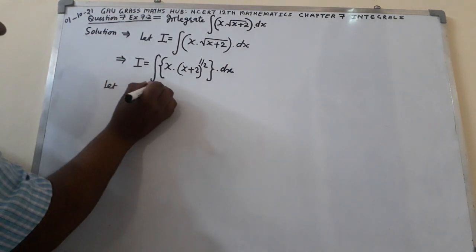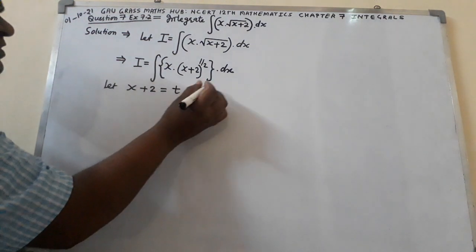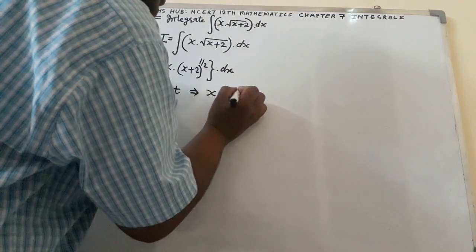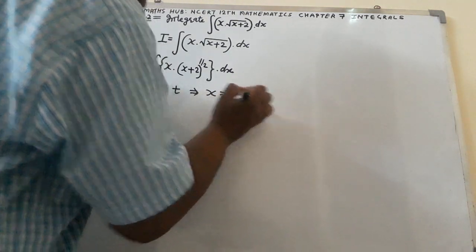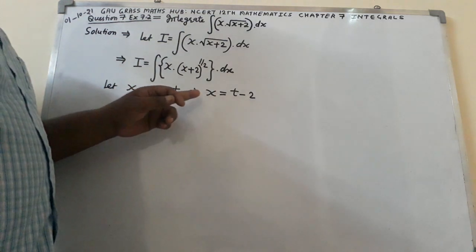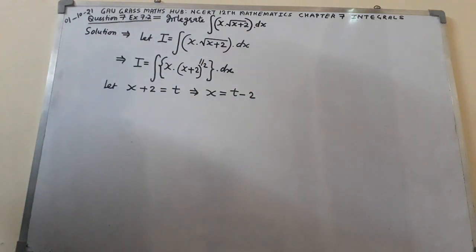Let x plus 2 equal to t, implied that x equal to t minus 2.